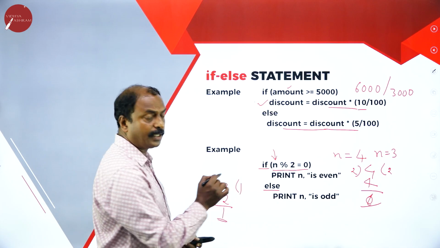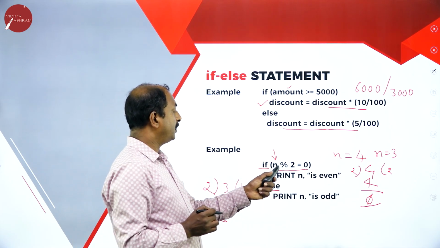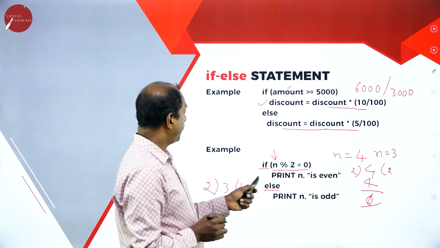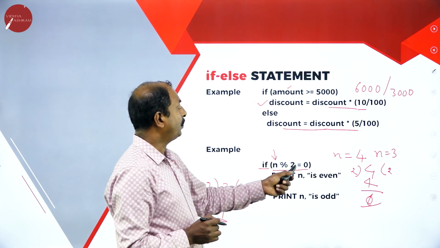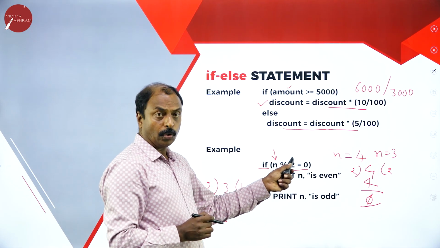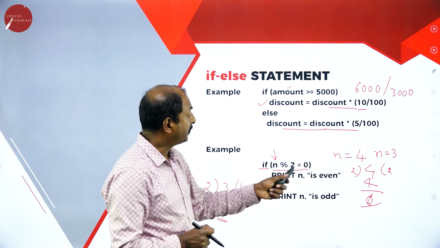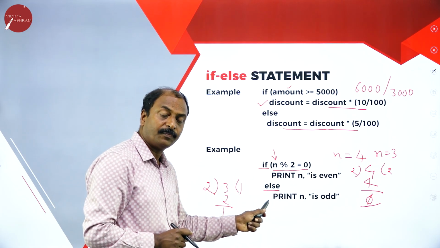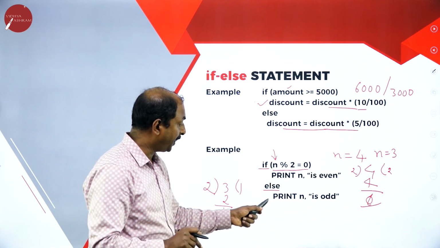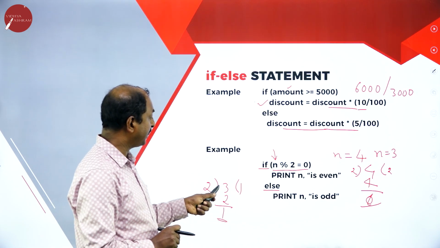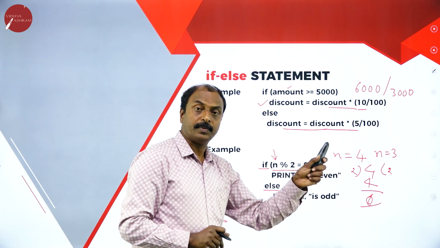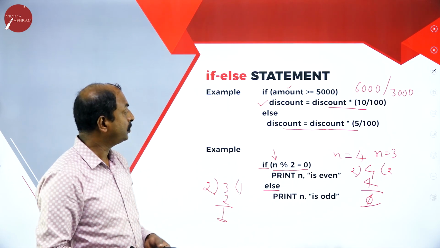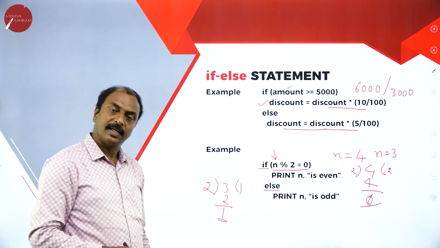Check the condition: is 3 % 2 equal to 0? No, the condition fails here. It skips this statement and executes the statement under the else spot. So accordingly, it prints that n, in this example 3, is an odd number. So this is how to use this if else construct.